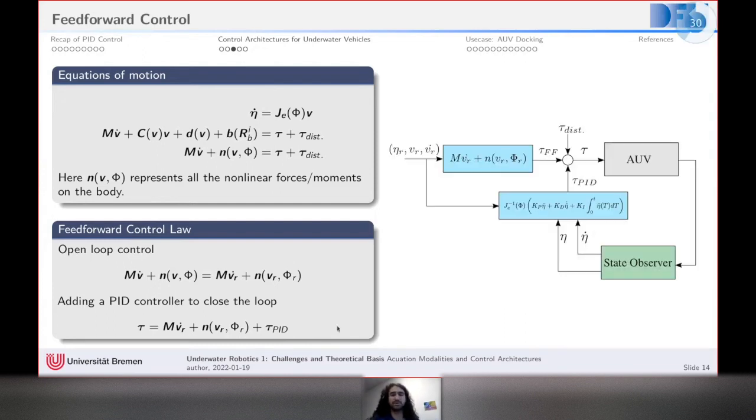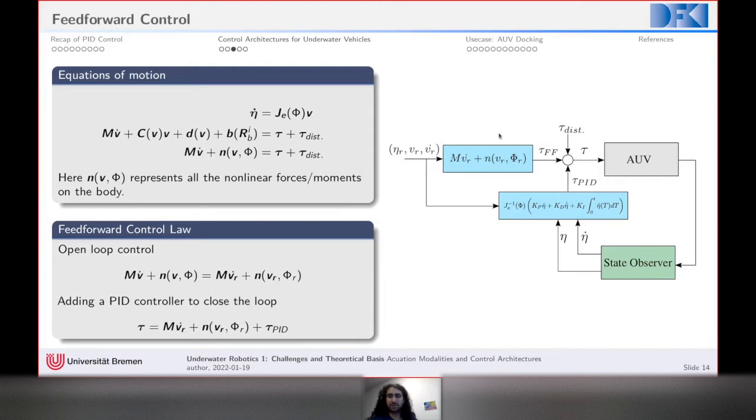Feed-forward means we take the model that we have, we take the reference state that we want, we feed it to the model, we calculate the torque, which is this feed-forward torque, and then we have a PID. This could also be any kind of other controller, so it's not necessarily a PID controller.